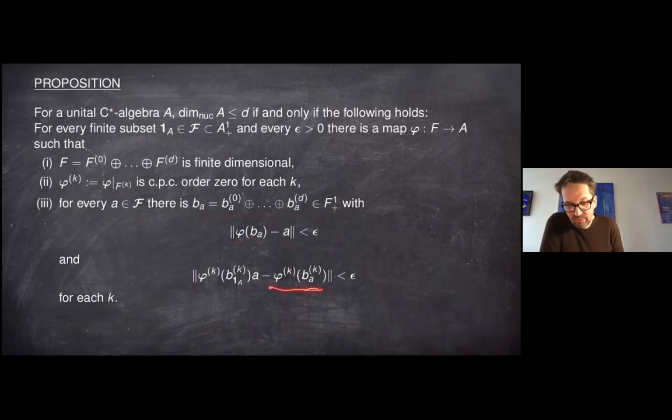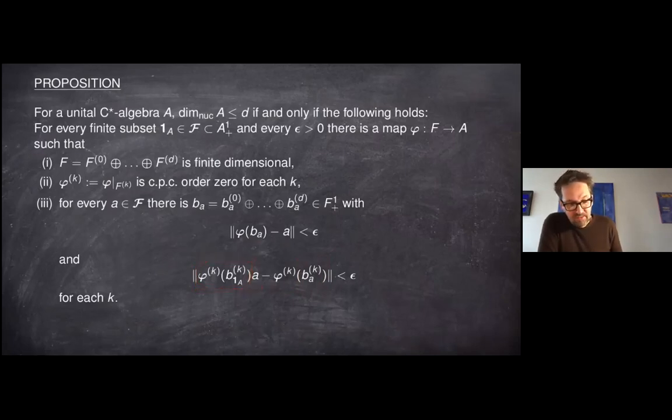at least their images in the following sense: when we take B_A and then the kth part of B_A, we map it to the C-star algebra A, we take phi_k of B_A^k, then this is almost the same as A times the image of the kth part of B sub unit. Okay.